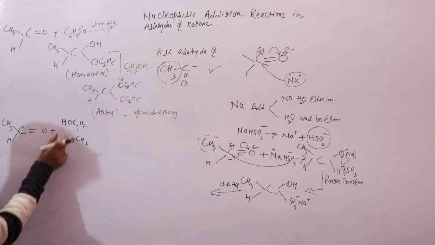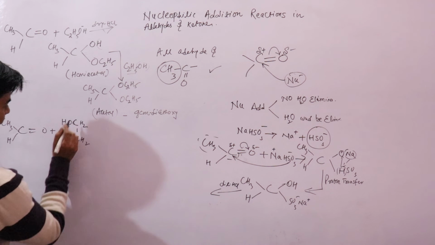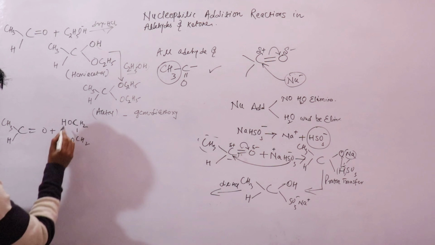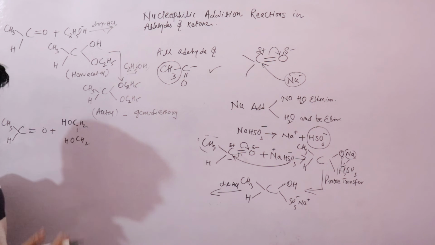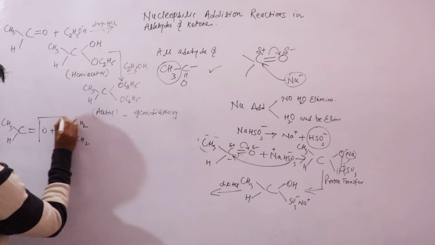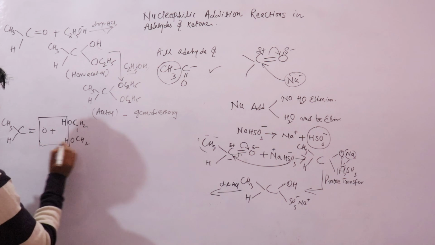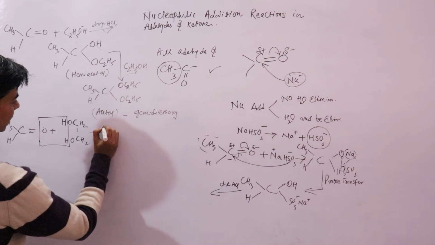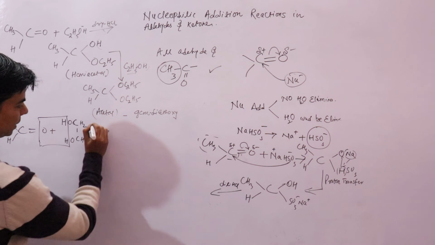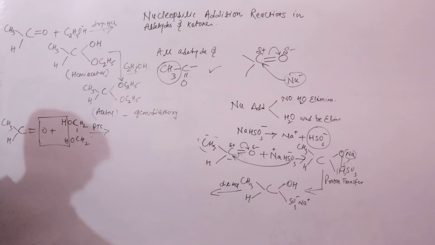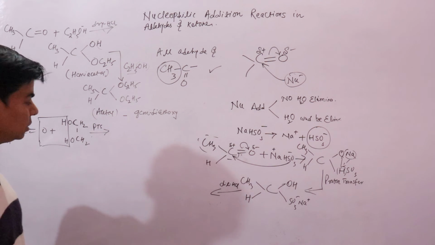Since you have two alcohol groups, this is your diol, that is dihydroxy, with two hydroxy groups. A water molecule would be eliminated, and this takes place in the presence of PTS, para-toluene sulfonic acid.